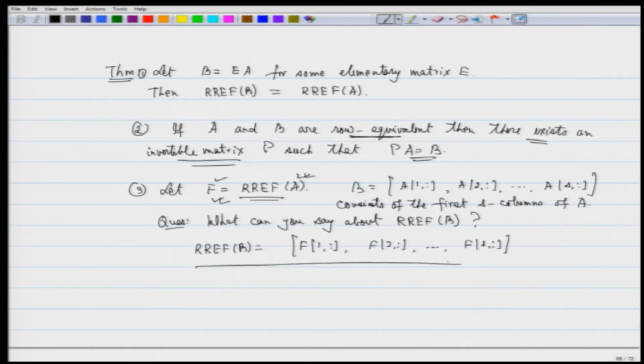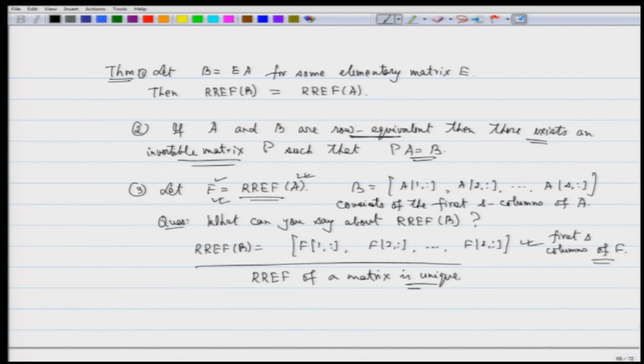Why is this true? Because again the idea is that RREF of a matrix is unique. Note that since F is RREF of A, this submatrix which consists of the first S columns of F also has all the properties of being an RREF, and therefore this result follows.